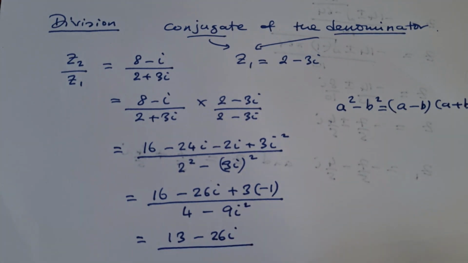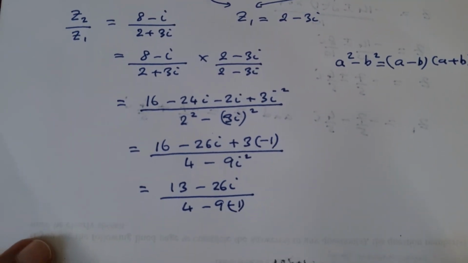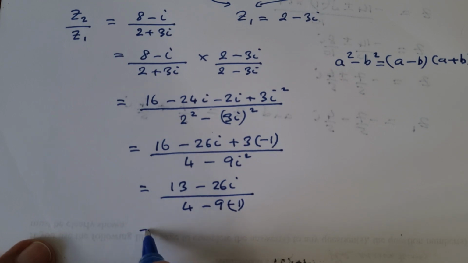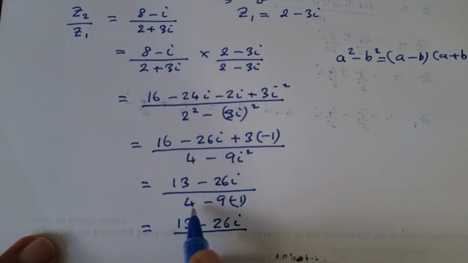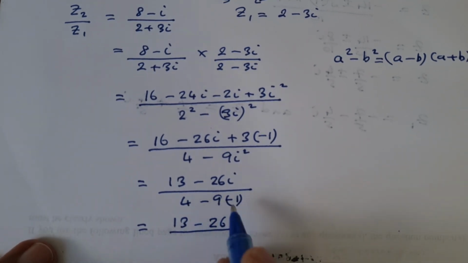And all of that divided by 4 minus 9, because 9 times i square is negative 9. And so I've got 13 minus 26i, and all of that being divided by 4 minus means plus, so that means 4 plus 9, which is then 13.